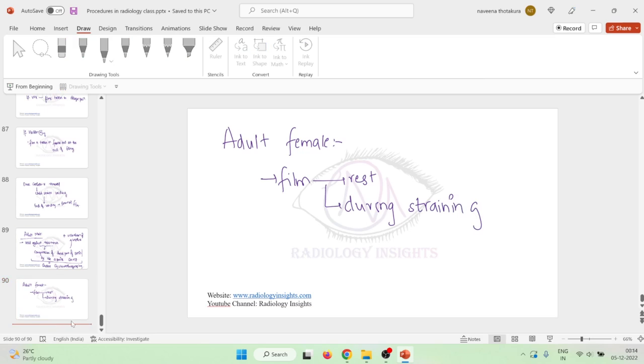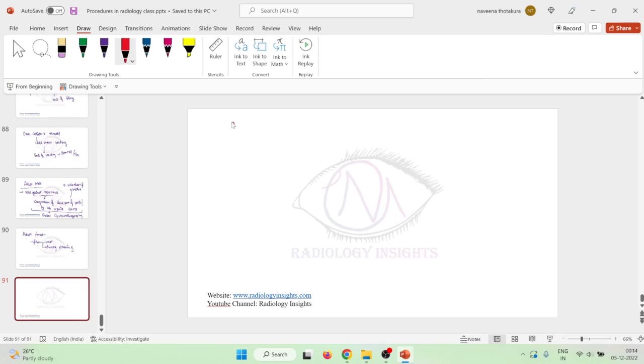Now, what are the complications of micturating cysto-urethrogram? First, there is danger of infection, because we are catheterizing the bladder. Infection can pass into the bladder through our catheter if it is not sterile.